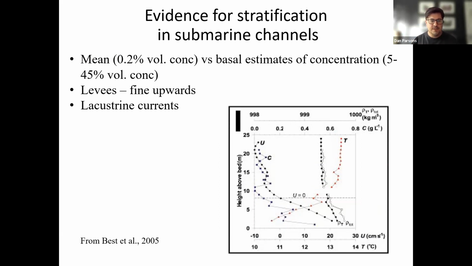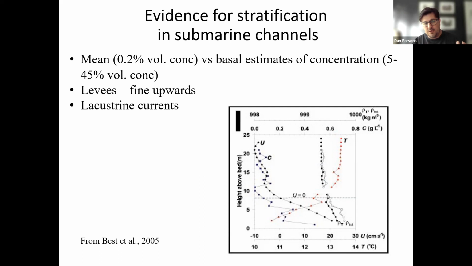Submarine channels are driven by the density of the water mass as it's flowing, and of course that density has a stratification in the vertical, which means you tend to have denser fluid with a higher suspended sediment concentration near the bed, and then a mixing zone above that where that sediment laden fluid is being mixed with the ambient water that lies above it.